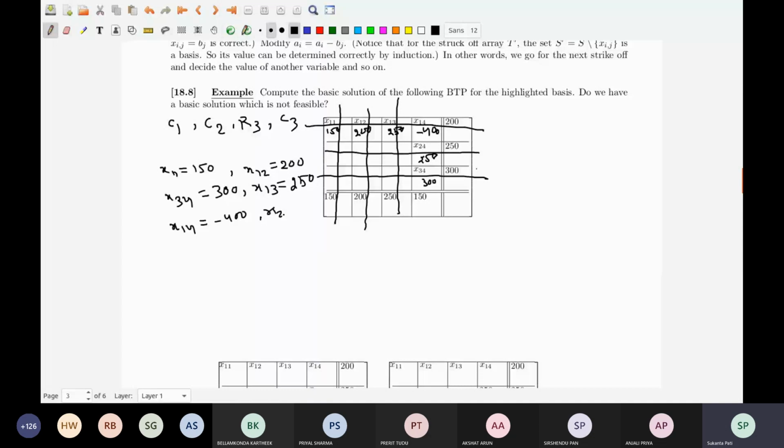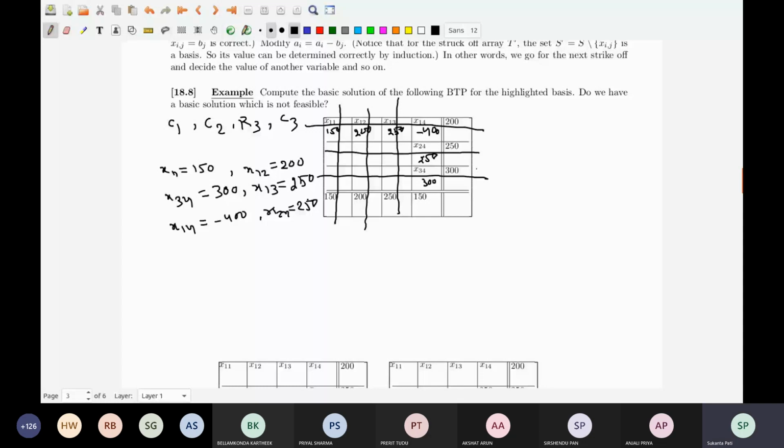Now why? That is not necessary. Even in the general LPP, when you have a basis, you will get a basic solution. It may be feasible, maybe inside the feasible set, maybe outside the feasible set. For example, the one we computed over here is a basic solution which is not feasible. It has a negative entry.